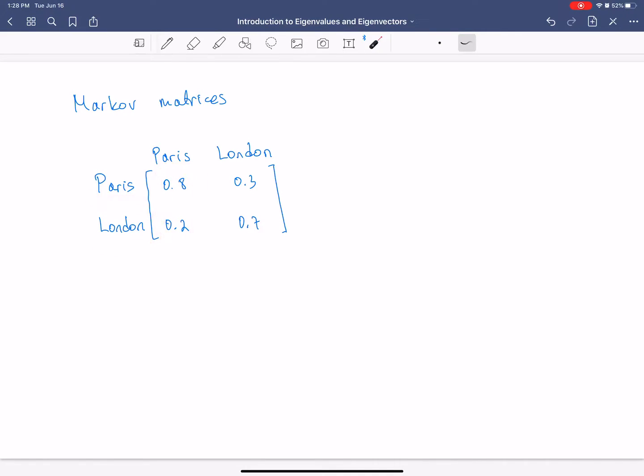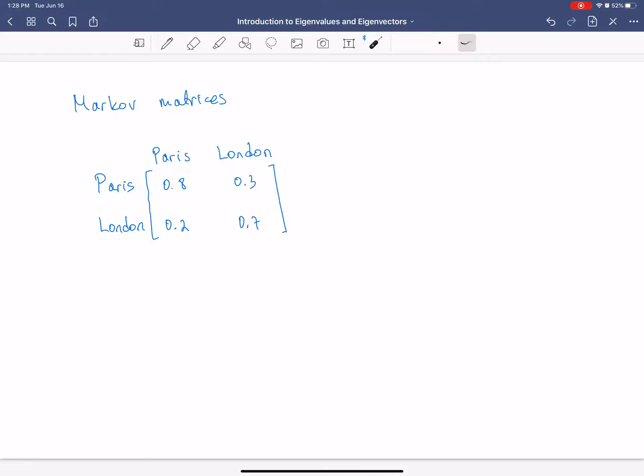So we see that this year's population in Paris is 80% from Paris, or unchanged, and 20% comes from London. Similarly, if we look at the population in London this year, we see that 30% of it came from Paris and 70% are people who already used to live in London.